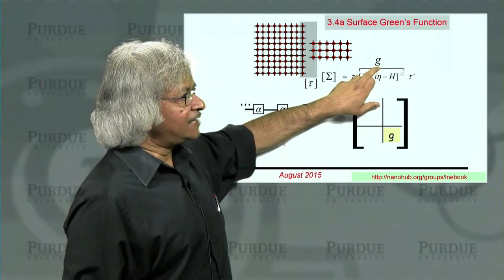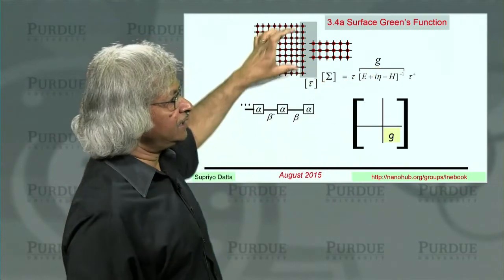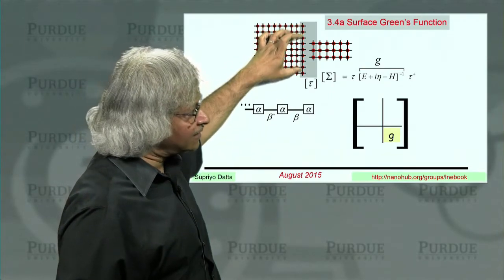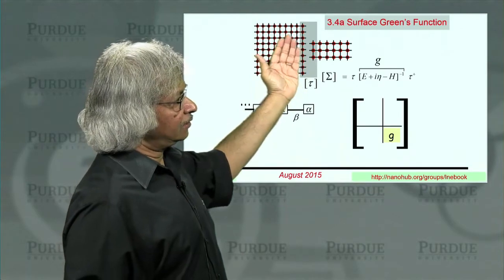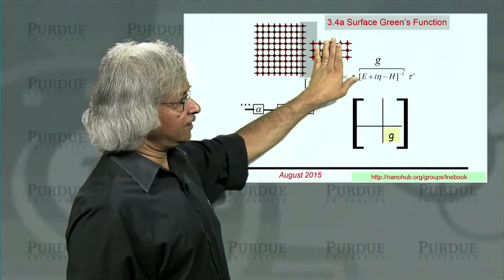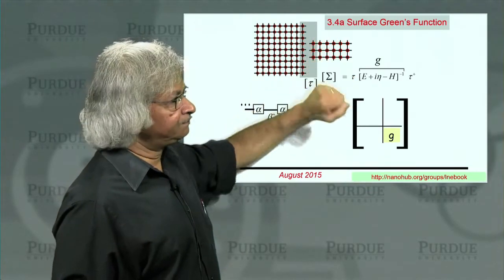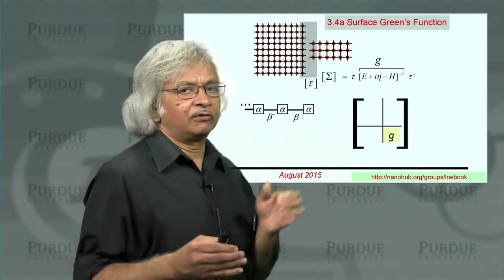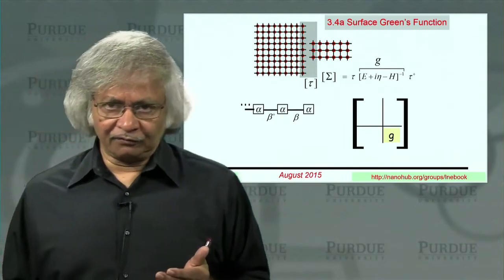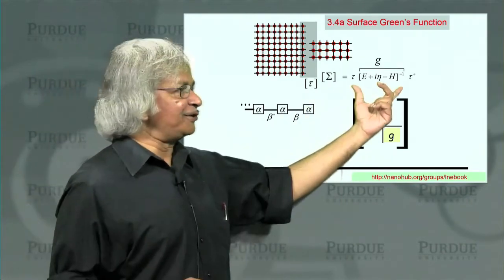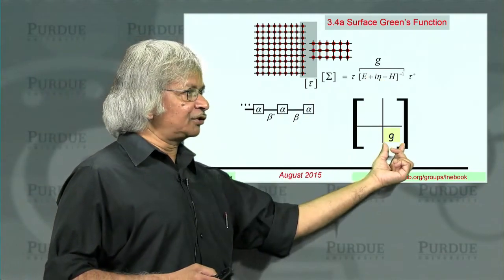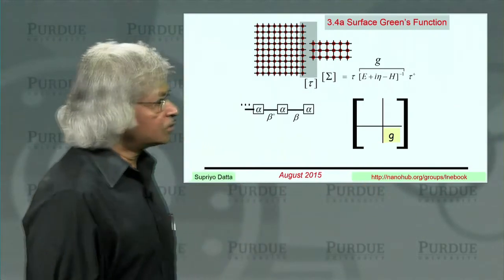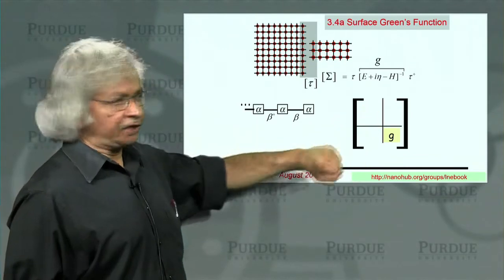So the size of this matrix G is really equal to the number of basis functions at the surface, that is, the surface of the contact that gets connected onto the device. So that's what we need to evaluate. And that's why it's not a straightforward inversion of a matrix, because you are inverting a huge matrix and then just looking at the surface part of it. Okay. So how could we do this in general?